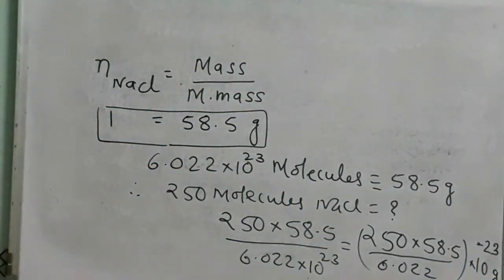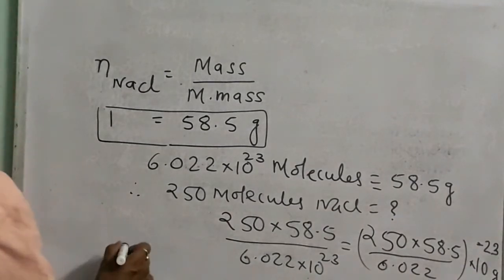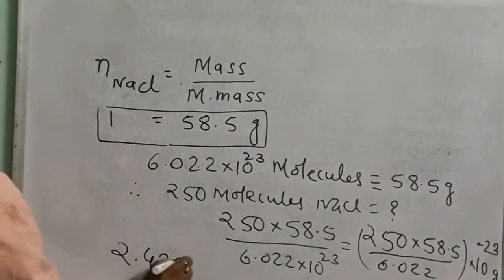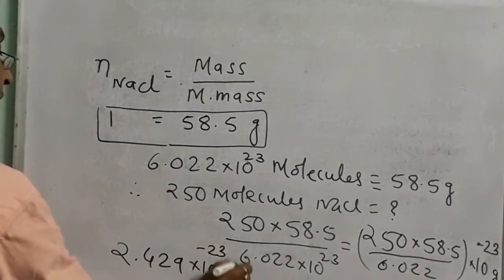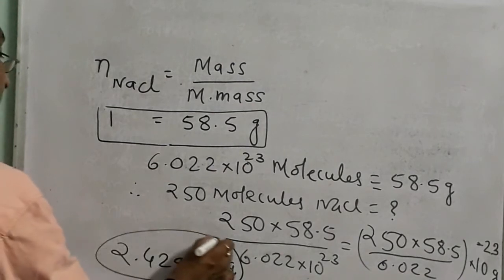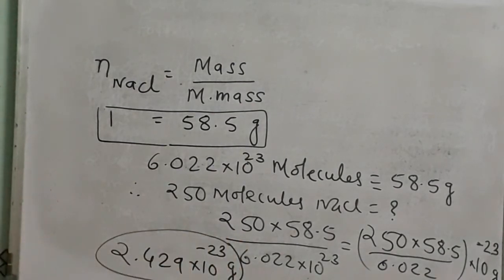If you solve this multiplication and division, the answer is 2.429 into 10 to the power minus 23 gram. So in this way he may give you moles and want to calculate mass, or he may give you molecules and ask you to find out the mass.